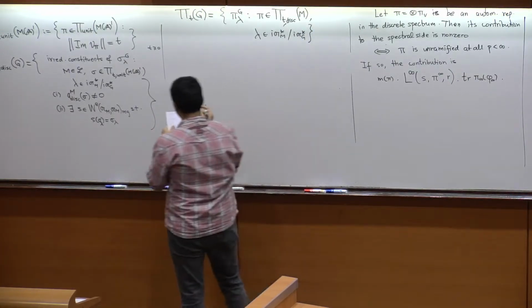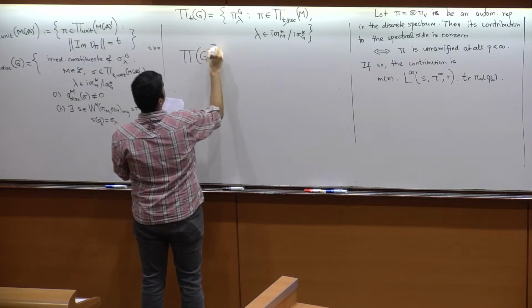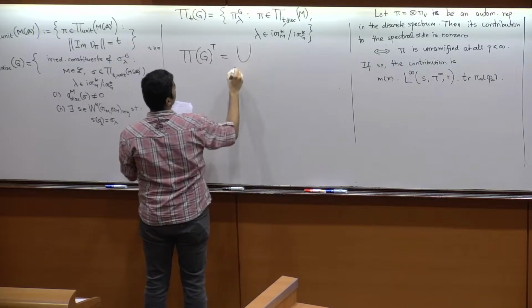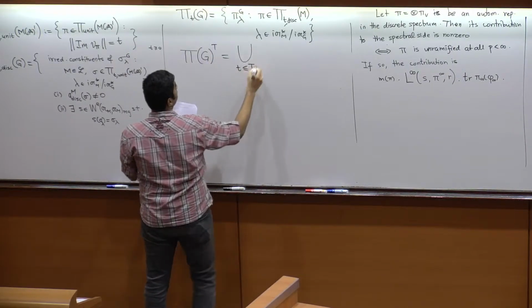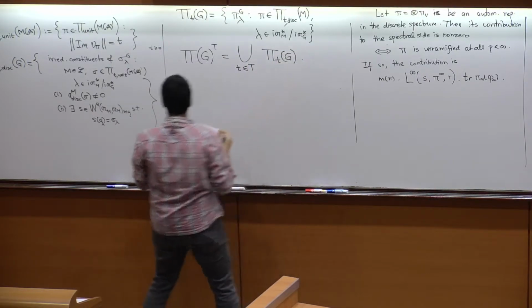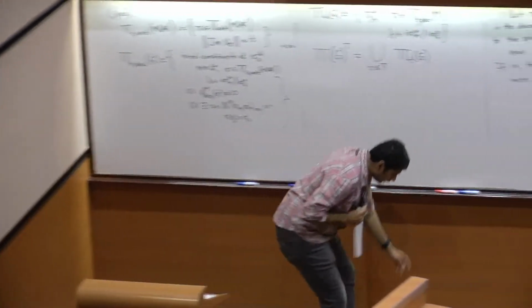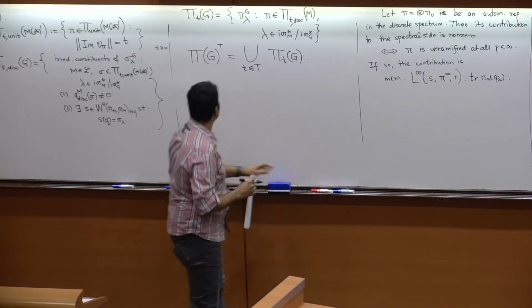And this set has a measure. And finally, you define Pi(G) up to t to be the union over t' less than or equal to t of Pi_t'(G). So these sets he defines because he wants some finiteness conditions. So it is like fixing a level or something.